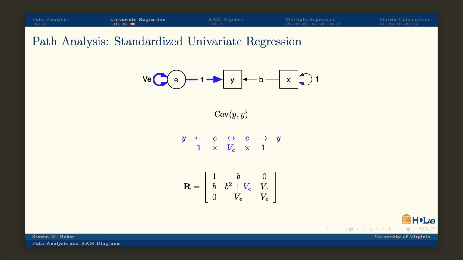So the total variance of Y in a standardized regression is B squared plus VE. And yeah, if you're really up on your regression, you probably remember as a memorized formula that the total variance of the outcome variable in a regression can be decomposed as VE plus the regression parameter squared.